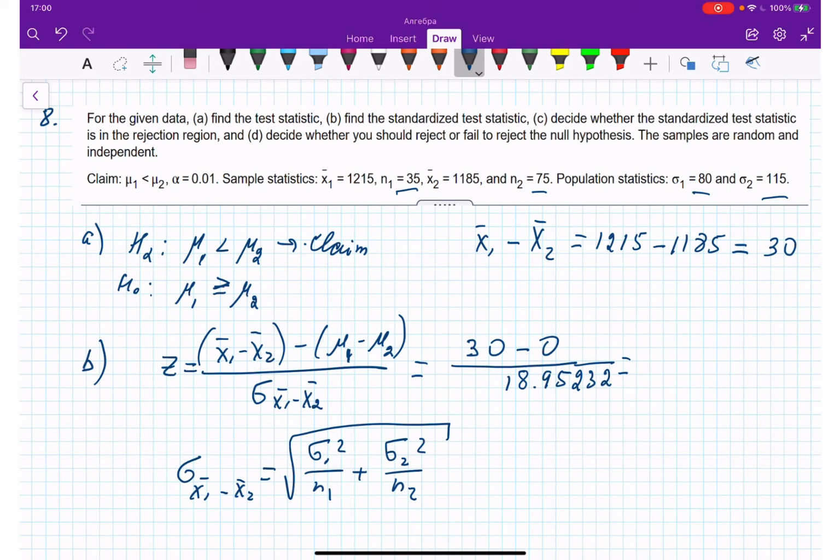Let me punch the numbers, and I'm getting 1.58. As you can see, for the standardized test statistic I round to 2 decimals because the table works only with 2 decimals.